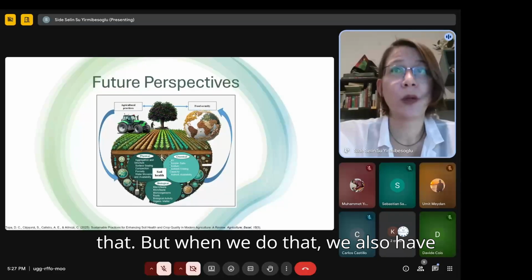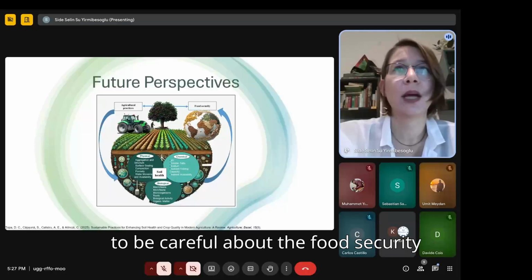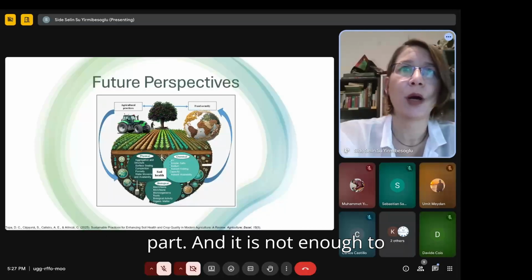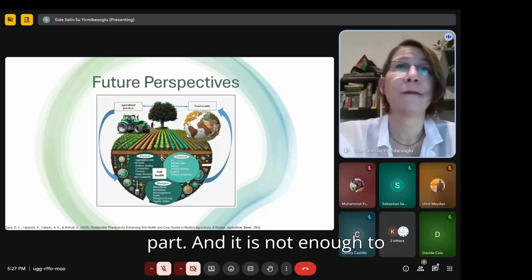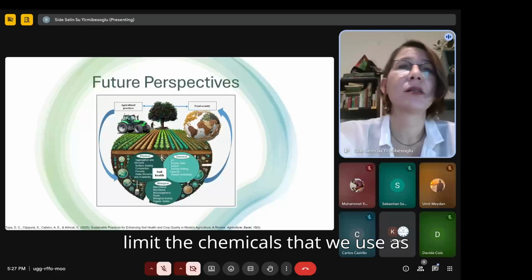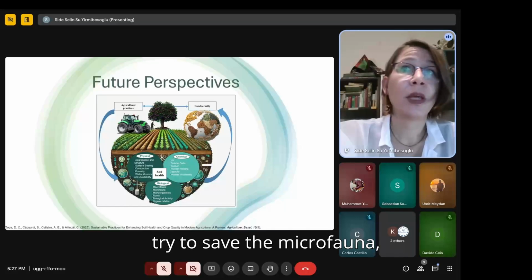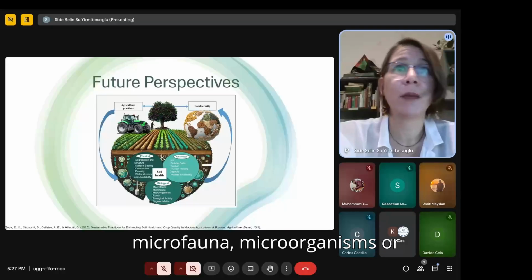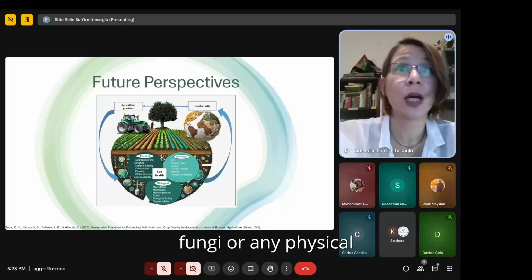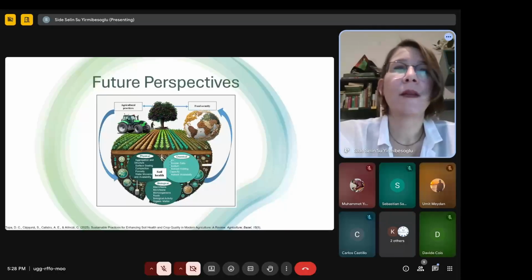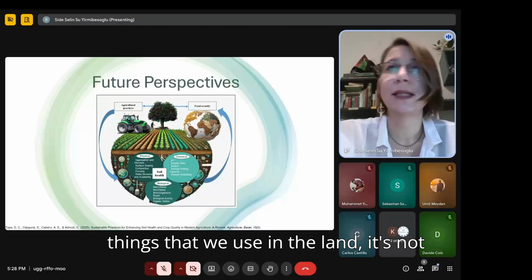But when we do that, we also have to be careful about food security, and it is not enough to limit the chemicals that we use as fertilizers, or to try to save the microfauna, microorganisms, fungi, or any physical things that we use in the land. It's not enough.